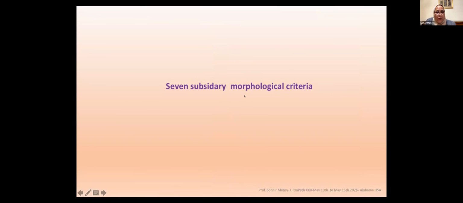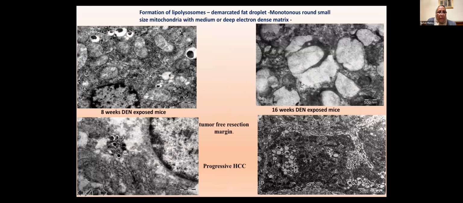The 7 subsidiary morphological criteria that we proposed as markers of hepatocyte turnover to malignancy: the formation of lipolysosomes with small-sized mitochondria, marked fat droplets with monotonous fibril, like here, and mitochondria with deep matrix.